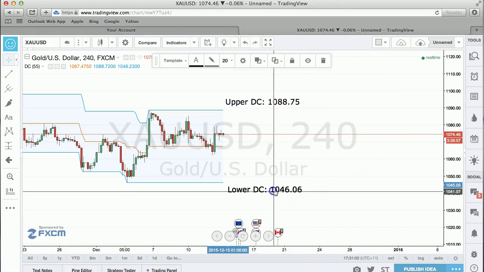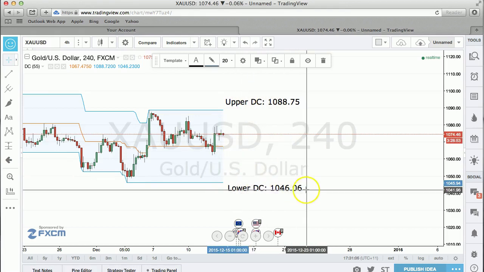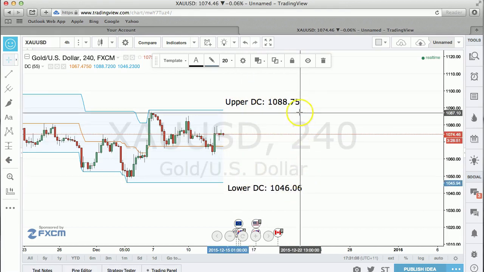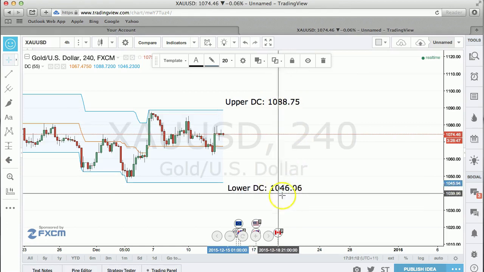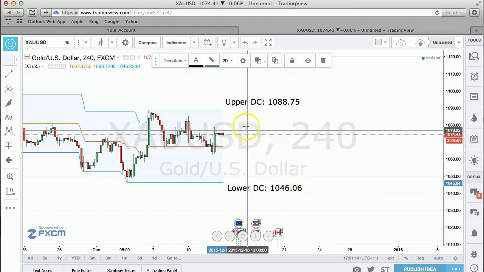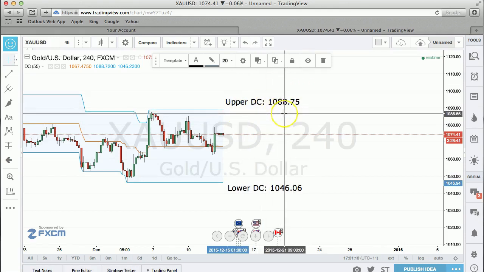So these right here are the two areas that I'm looking for price to approach, which is 1088.75 or 1046.06.